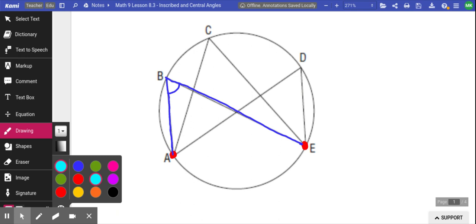Another way I could get from A to E is I could go from A to C to E and create that angle right there. And a third way I could do this is I could go from A to D to E, and I could create that angle right there.